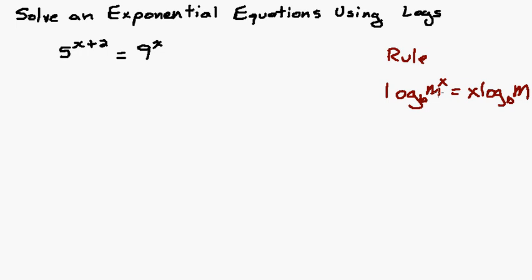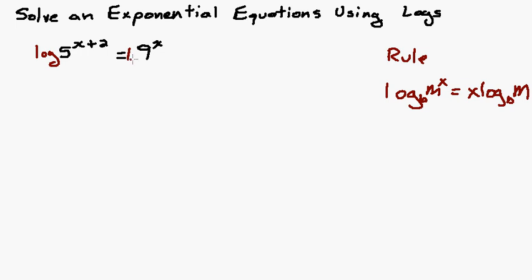In other words, if what you're taking the log of is to a power, so we've got log base b of m to the x, you could take that exponent and bring it down in front. That's what we want to do here when we have these variables in the exponent. We want to bring them down in front so that they're not in the exponent anymore and we can solve for x. It's hard to get x by itself if it's up there in the exponent. Okay, so we're going to use that rule.